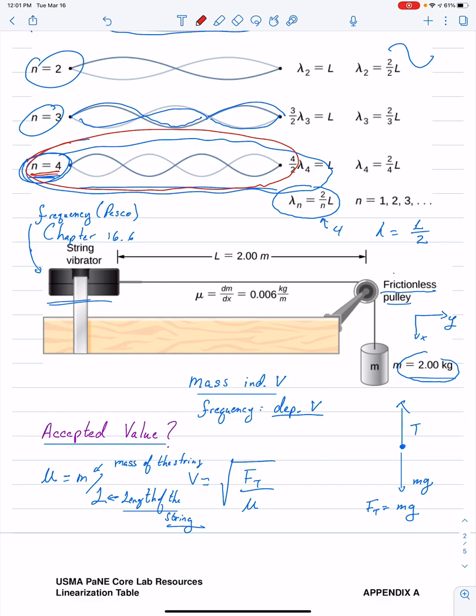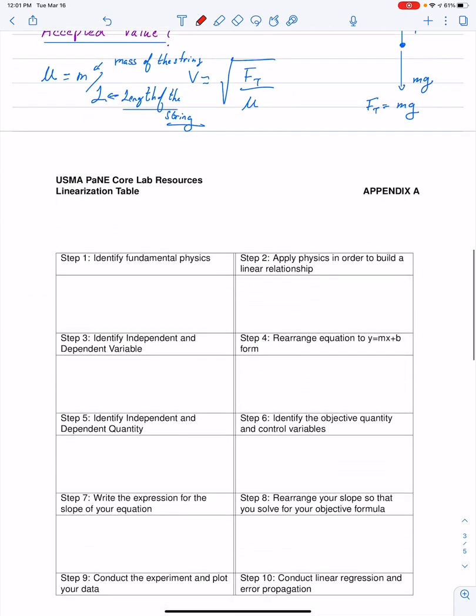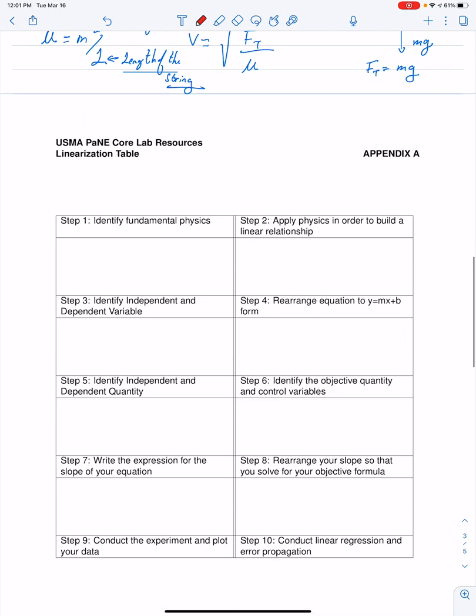Okay? Now, let's go into the linearization table. So we spoke a little bit about the velocity of the string. So I'm going to write this down to identify the actual velocity of the string. This is the square root of tension over linear density. Now we find the accepted value, but remember, our goal is to find the actual linear density. So you're going to compare your experimental value with your accepted value.